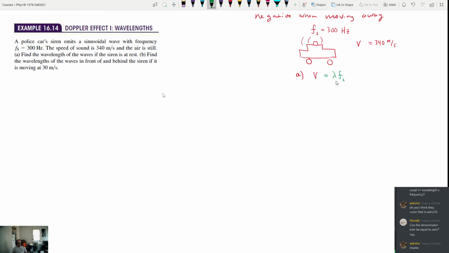This is the frequency of the source. We're looking for the wavelength of the source. The wavelength of the source is going to be equal to V over Fs. So that is going to be 340 divided by the frequency that we're given of 300. So we get 1.13.